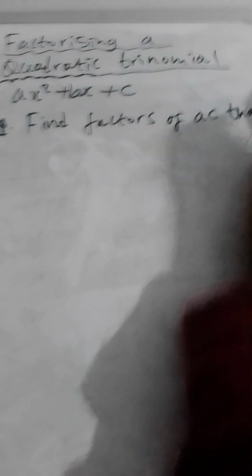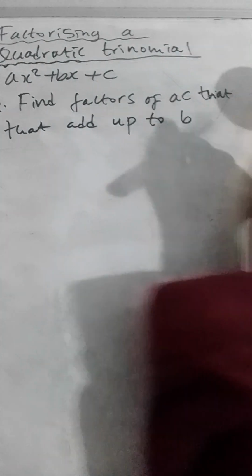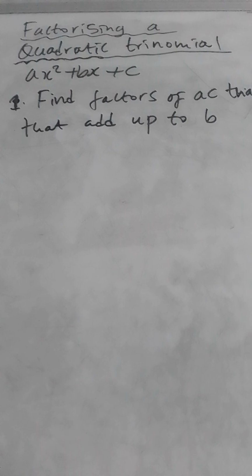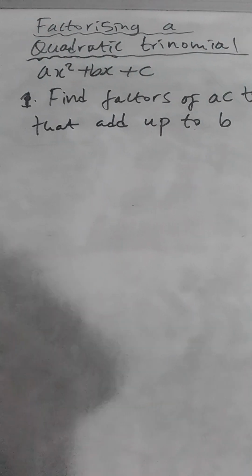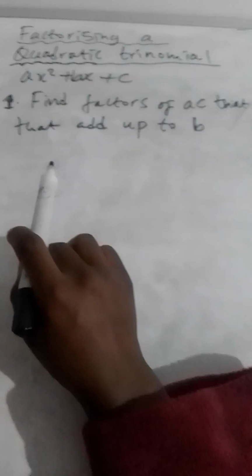Step 1: find or determine factors of AC that add up to B. So you find factors of A times C that when you add them together you get B. So that's step number 1.